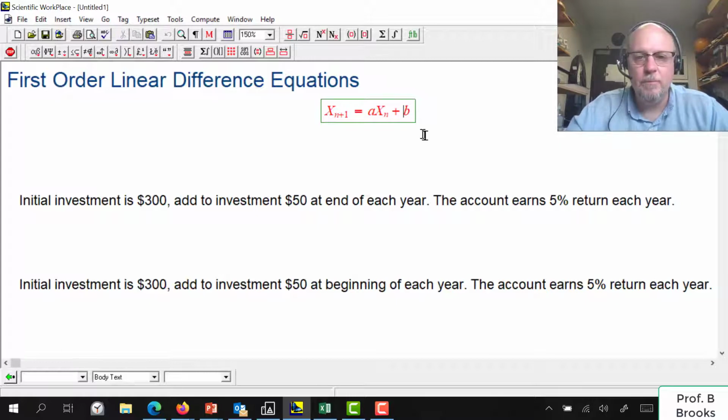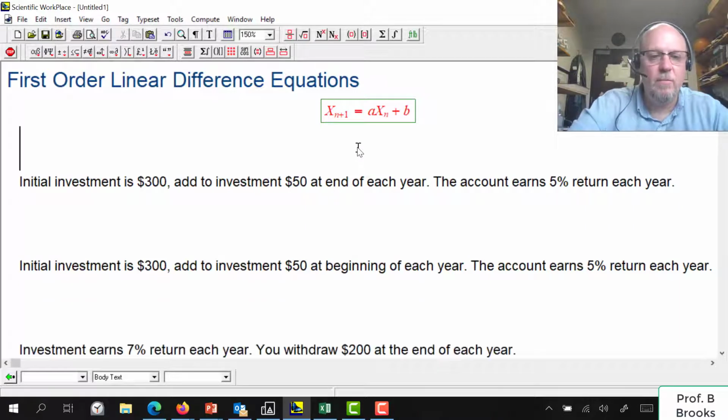Anything that can be modeled where you take your value in your sequence, multiply it by A, and add B to get the next value can be modeled with a first order linear difference equation. The examples that I'm going to show here are all personal finance type examples. So let's start with that then.